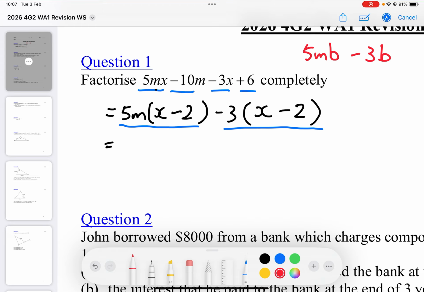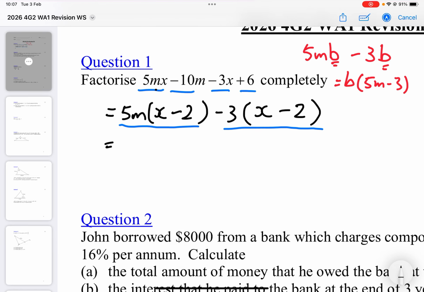So the bracket is no different from just a b. If I have 5mb minus 3b, I will factorize out the b to be left with 5m minus 3. So in this case, we see the whole bracket as just one thing by itself, and I can take out the whole bracket, just like I take out b. When I take out this whole bracket, x minus 2, which is exactly the same, I'm left with 5m minus 3.